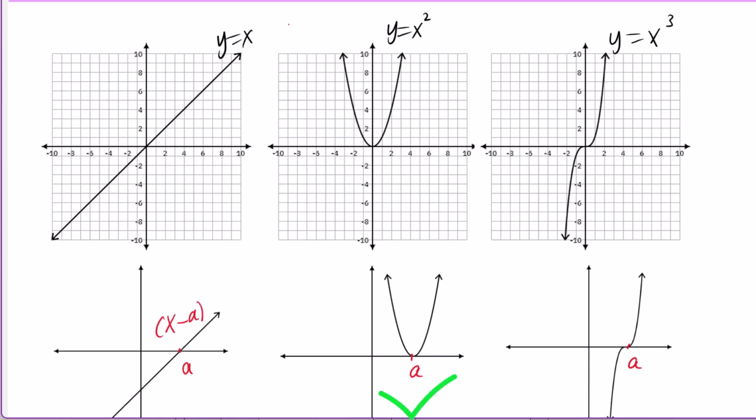When the graph bounces back at the root a, we will write down (x minus a) squared. When the graph flattens out as it crosses the x-axis like this, we will write down (x minus a) to the third power.